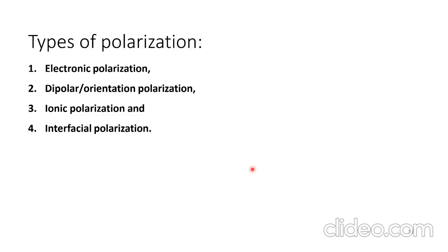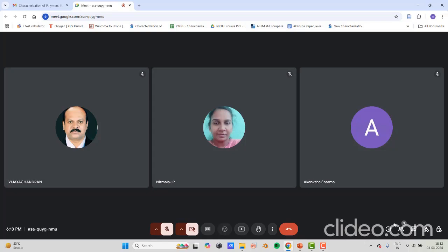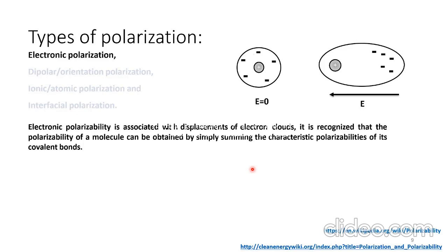So again, different kinds of polarization are there. The first one is the electronic polarization. Here the nucleus is there and the electron is revolving around it. When it is subjected to the electric field, it is getting elongated. So the electronic polarization is associated with the displacement of the electron clouds.